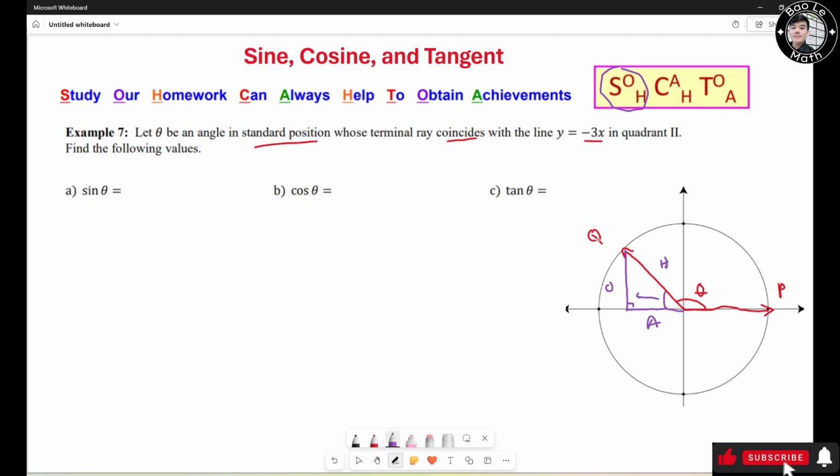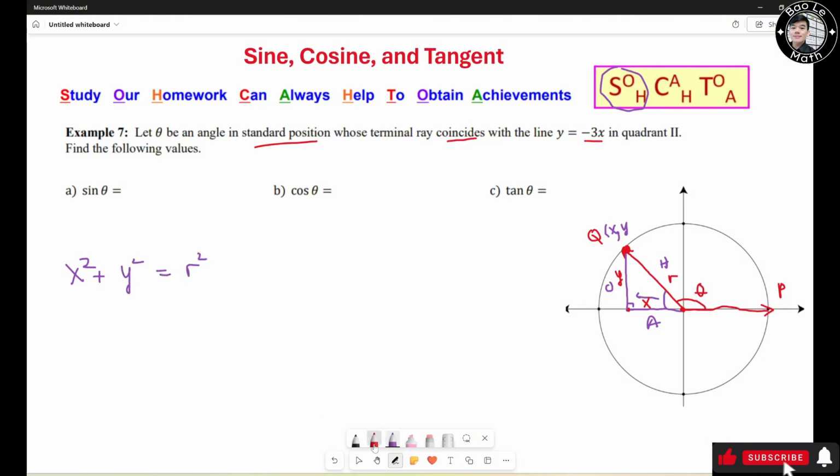Now, suppose point Q has the coordinates x and y. So does that mean the distance from here to here is going to be the y value, and the distance from here to the origin right here is the x value? Now let's apply the Pythagorean theorem in the right triangle right here. So we have x squared plus y squared equals r squared.